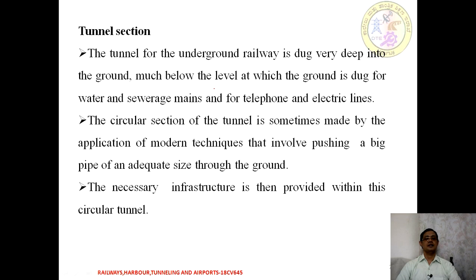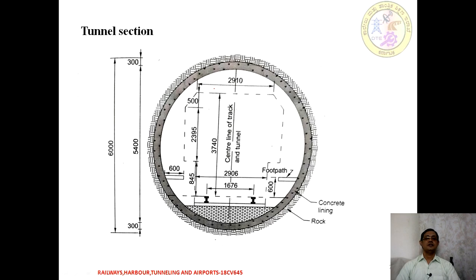That is the technique. Apart from that, circular sections resist more load because of their arch geometry. The necessary infrastructure is then provided within the circular tunnel. As there is no obstruction from the site condition, inside we can maintain any provisions for the infrastructure.